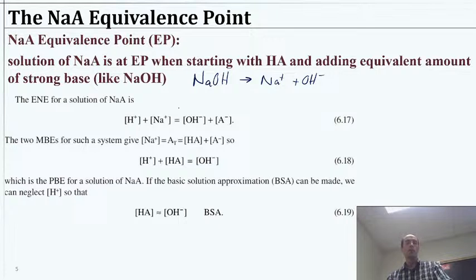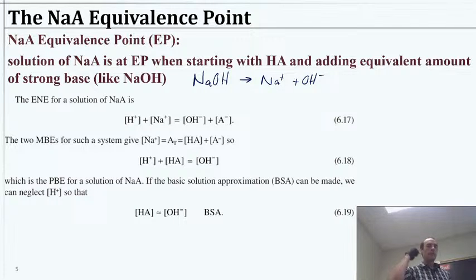We can see that coming through because every time we add an Na plus, that is accounting for an A minus here. So the two mass balances we can simplify like this, and then we say H plus plus HA is going to also be equal to OH minus.